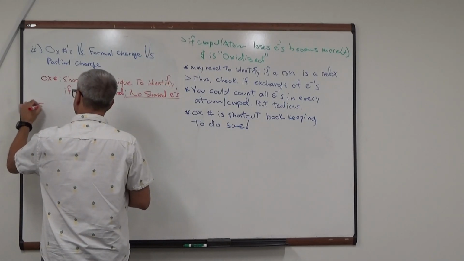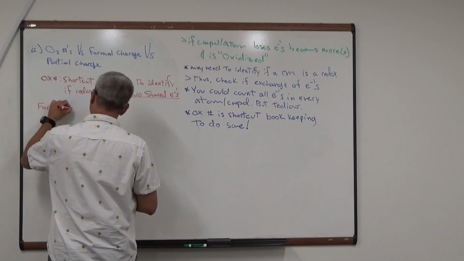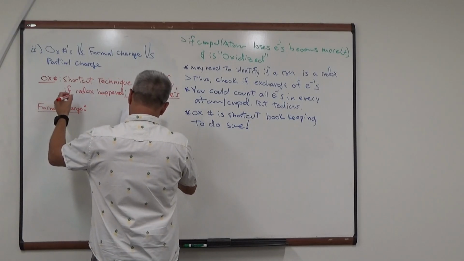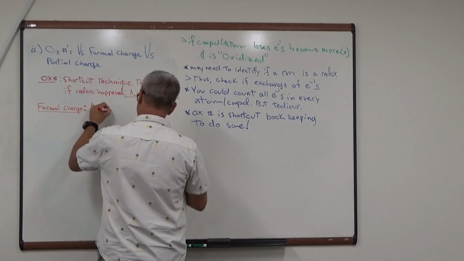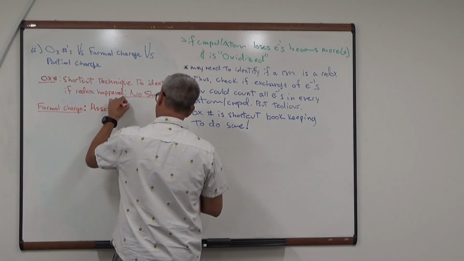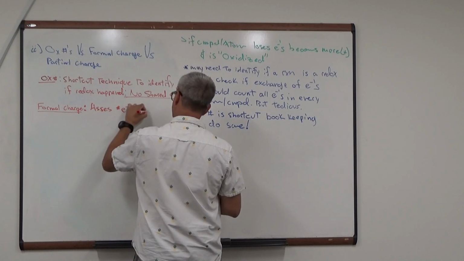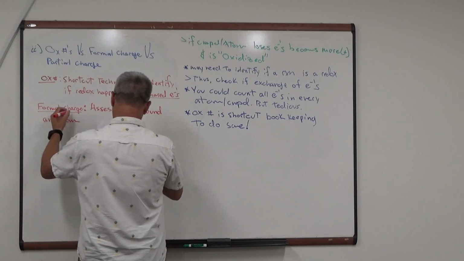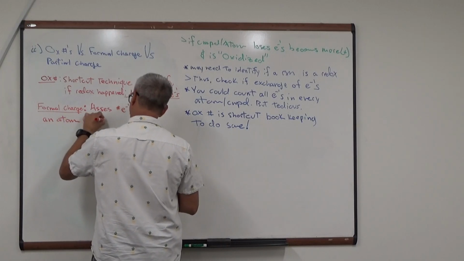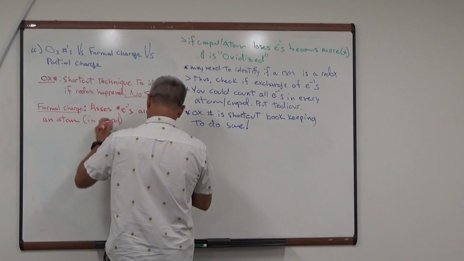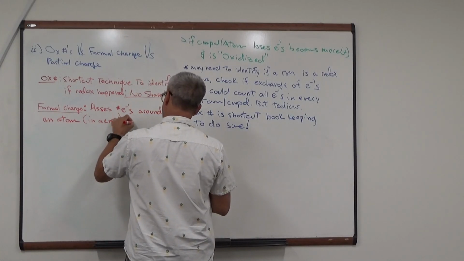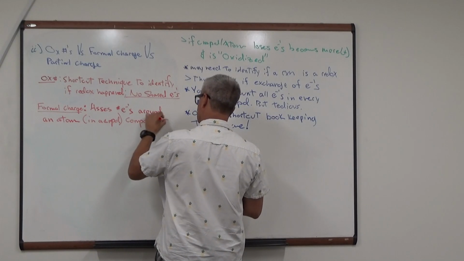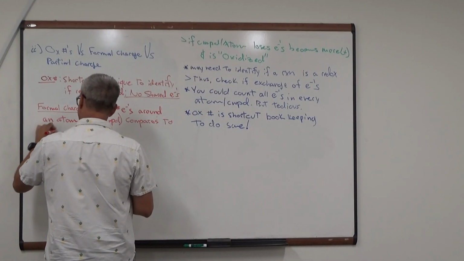Formal charge. Assesses the number of electrons around an atom in a compound, and compares to the protons in the core.